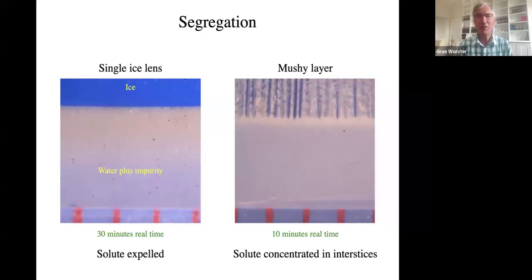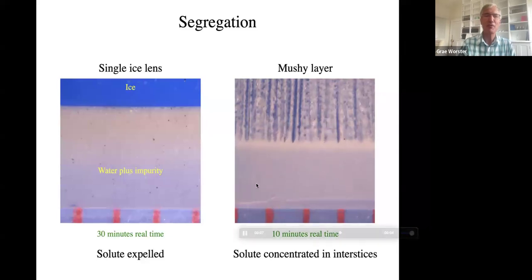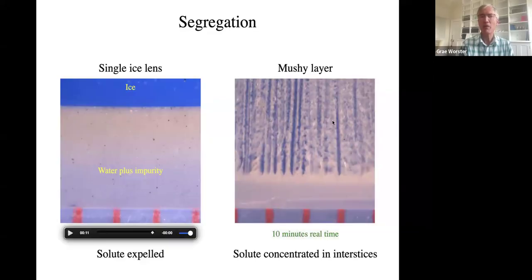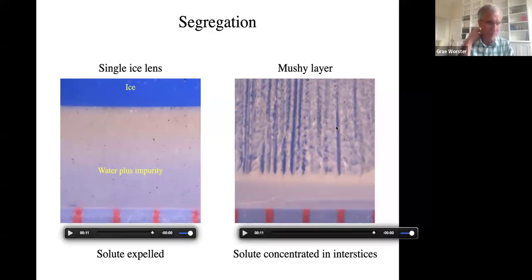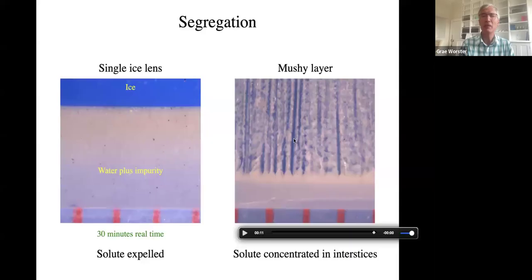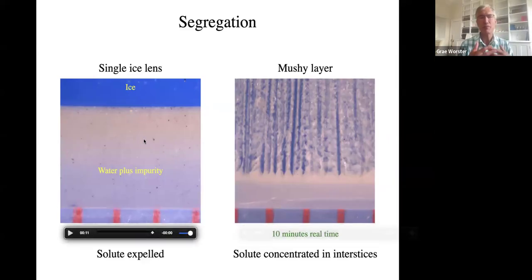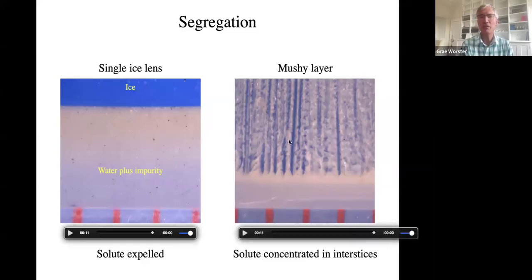And you see that we no longer have a planar interface separating ice from water, but we have this so-called mushy layer in which the ice, which is still this dark blue color, forms individual platelets, individual dendrites, and the impurity, instead of having to be pushed ahead of the ice into the ocean, is mostly accommodated in the spaces between those ice crystals.